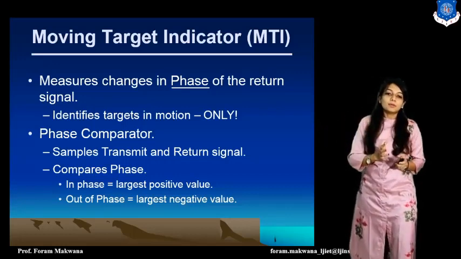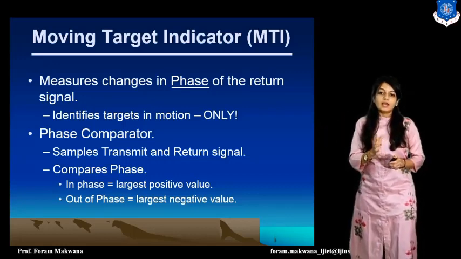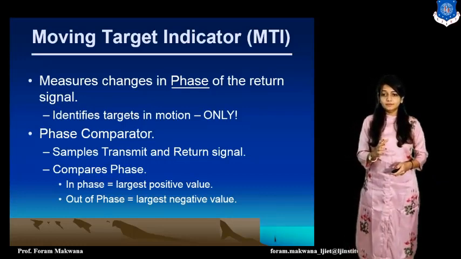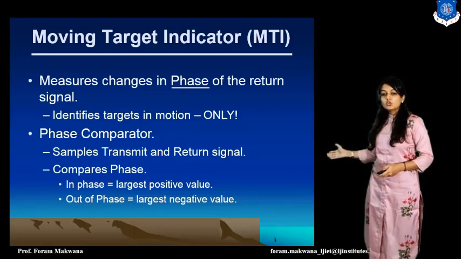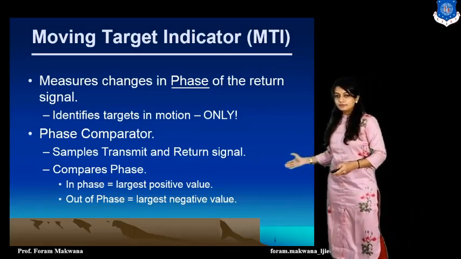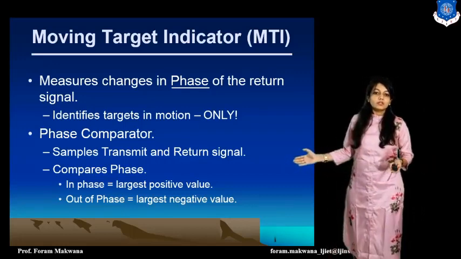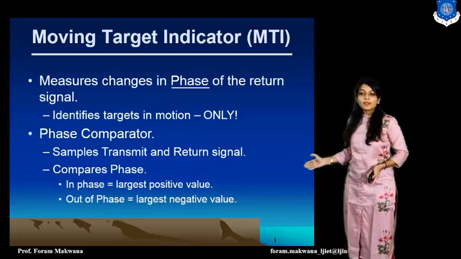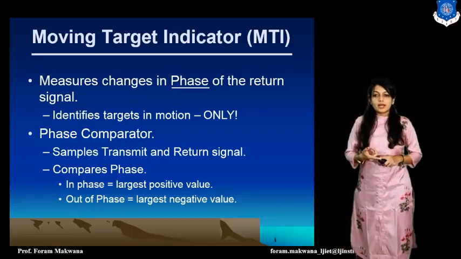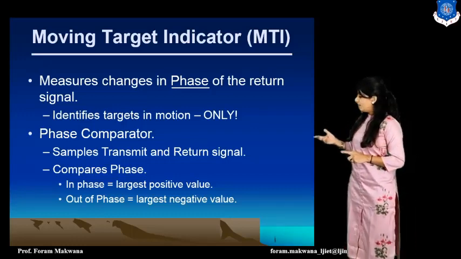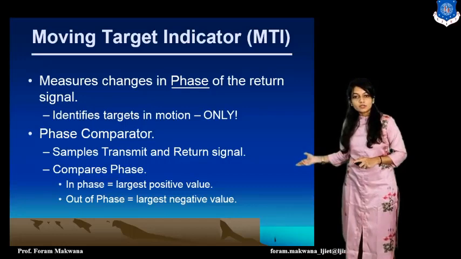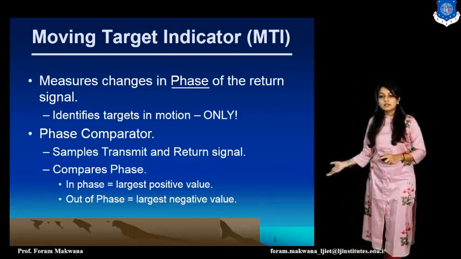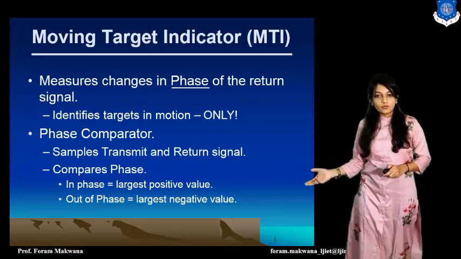It simply samples the transmit signal and the return signal, and apart from that, it also compares the phase of the echo signal. If both the signals are in phase, it will have a large positive value, and if they are out of phase, it has a large negative value.